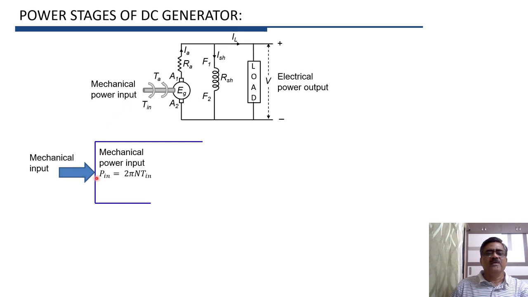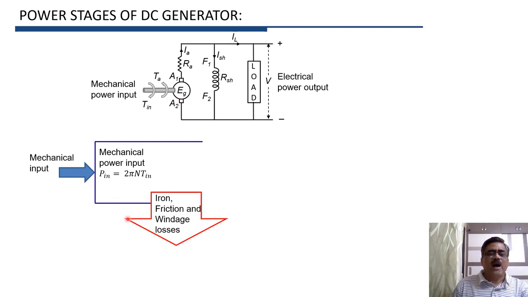We have studied that this electrical power developed in armature is Eg into Ia. But P in and EgIa are not equal, because during this energy conversion some power is wasted in the form of heat. Here there are mainly rotational losses, that is friction and windage loss, as well as core loss in the armature core, and therefore the difference between mechanical power input and power developed in armature is the iron, friction and windage losses.